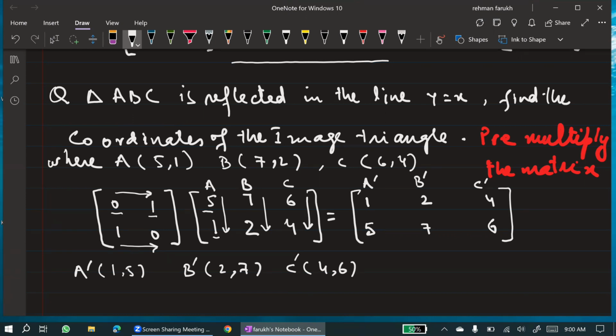Now you can see that the coordinates are interchanged. That is, A is 5, 1, A dash 1, 5; B 7, 2, B dash 2, 7; C 6, 4, and C dash is 4, 6. Whenever a matrix is given for a particular transformation, we will pre-multiply the matrix with the coordinates to get the coordinates of the image diagram.